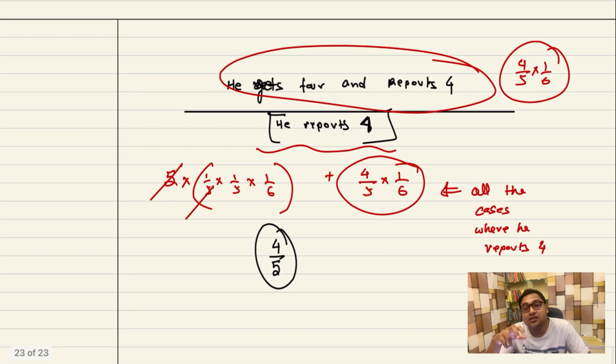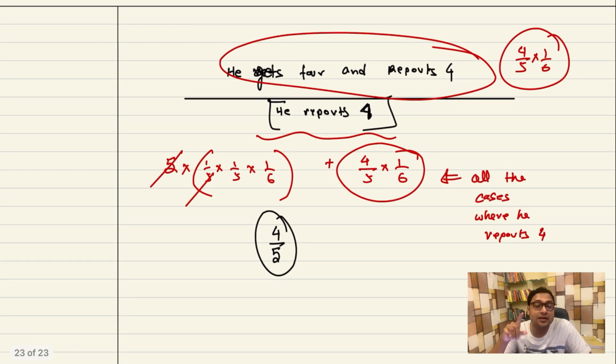If you understood how I computed the probabilities for the singletons, then you probably learned a lot about the basics of probability theory. Remember, when we say equally probable, what it really means is you are assigning the same value to all the singleton events and they add up to 1. When you look at a particular event, in this case reporting 4, that's your entire world.